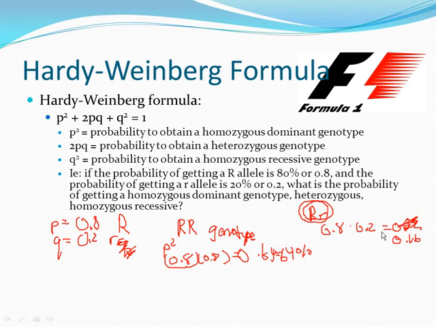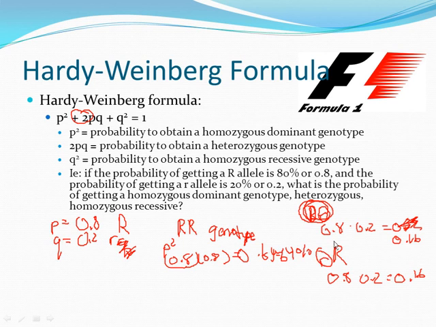If we were trying to get this heterozygous genotype, it's still the same, right? And that's why I was talking about how that 2 came into play. This 2 came into play because you could get this on your mom's side and get this on your dad's side, but you could also get this on your mom's side and get this on your dad's side.